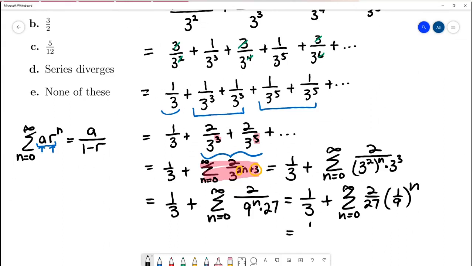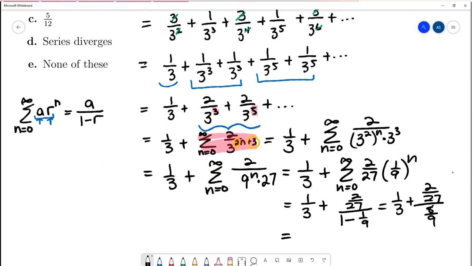Now I've got it written as the first term times r to the n, and I can find the sum of that infinite series using the formula. The first term, 2 over 27, over 1 minus 1/9. That's 1/3 plus 2 over 27 over 8/9. I'll multiply by the reciprocal. That's 1/3 plus 9 over 8 times 2 over 27.